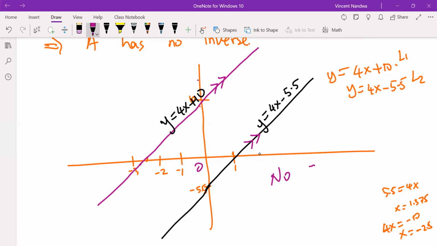So no solution. So therefore, when the determinant is 0 for the coefficients matrix, there are two cases. Either we have infinitely many solutions or no solutions in case of parallel lines.